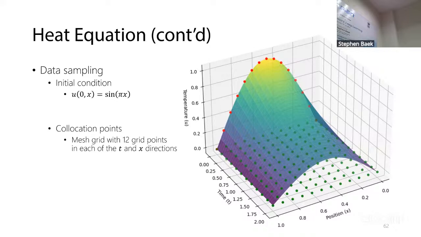Imagine a cross section of this surface along this direction. That cross section represents the temperature distribution at time t along the direction of the rod. So we have some physical rod, and initially the temperature distribution was like that, following the sine function, and then it diffuses and flattens out as time evolves.